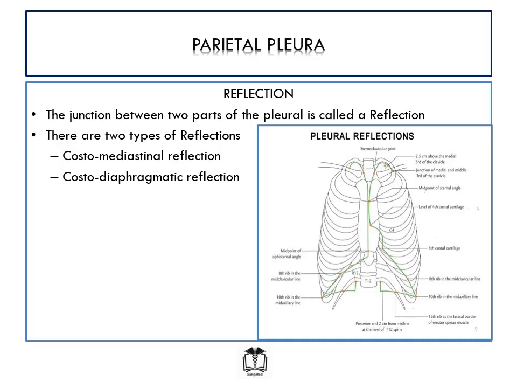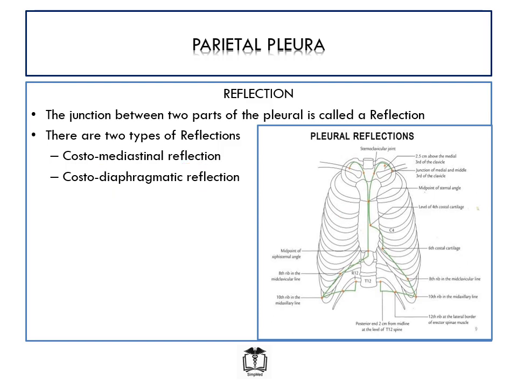Usually, when we talk about parietal pleura, it's important to note what we call the pleural reflections. Pleural reflections are junctions between different parts of the pleura. So, where the costal and diaphragmatic pleura or the costal and mediastinal pleura tend to meet is what we call reflections. They're reflecting off one another. And there are two major types of reflections. There's the costomediastinal reflection and the costodiaphragmatic reflection, as the name implies. So, costomediastinal reflection is the junction between the costal pleura and the mediastinal pleura.